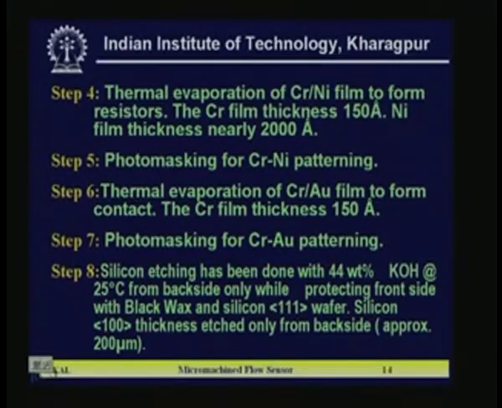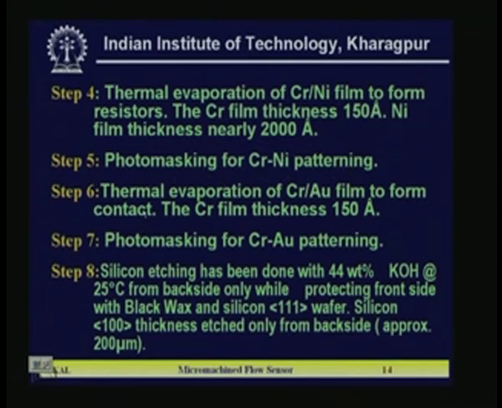But if you find that the scribe lines or etches on the top surface are not very deep at all, only 1.2 micron or 1 micron silicon dioxide etching, then you can easily spin photoresist, then go for the normal photomasking process, and that is why step 5 is written photomasking of chromium nickel patterning.